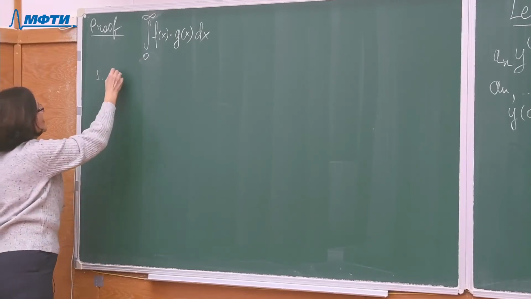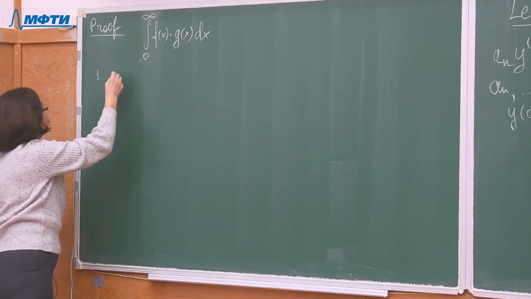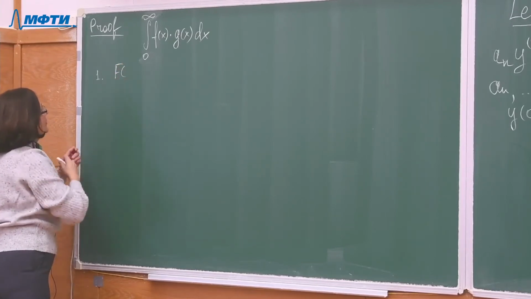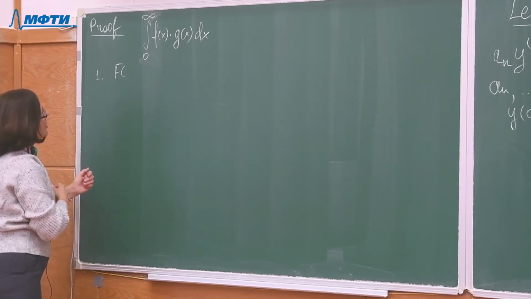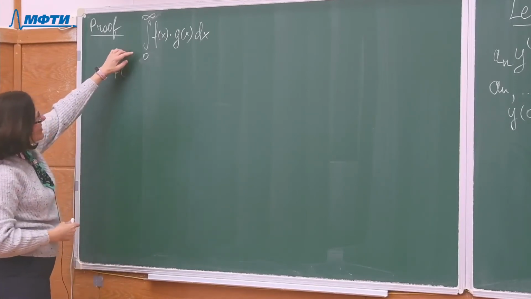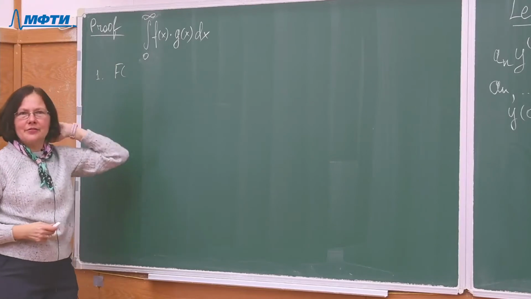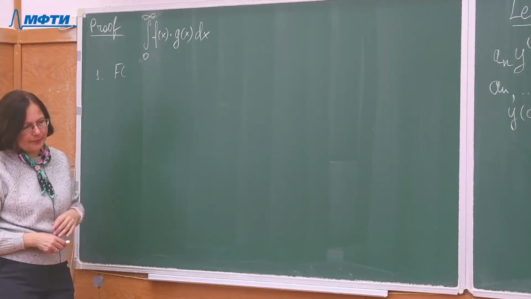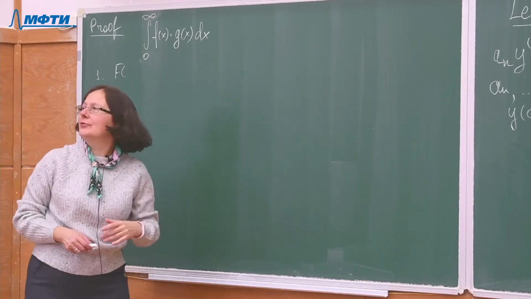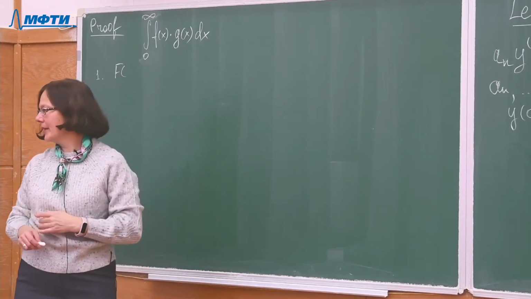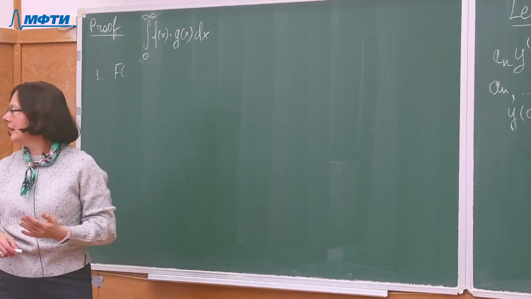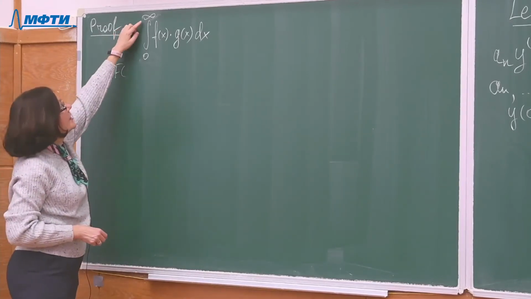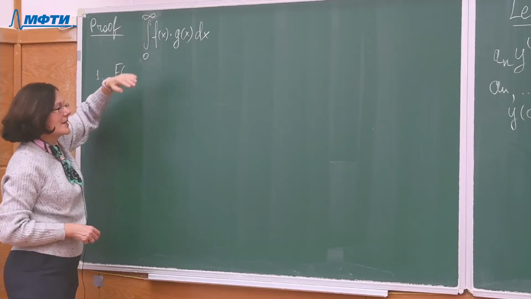So the first requirement is that the function... so we have two singularities, right? Maybe 0 and infinity usually. To simplify our reasoning, let's consider only infinity as a singular point.